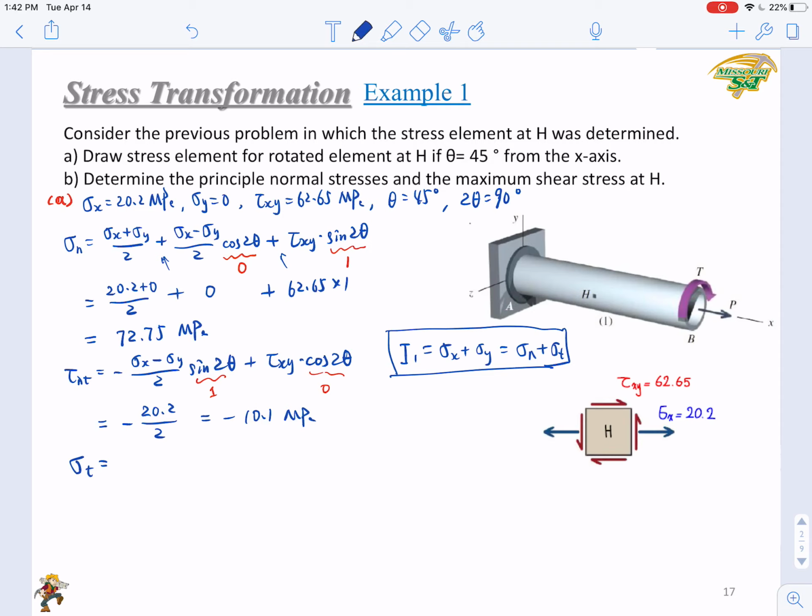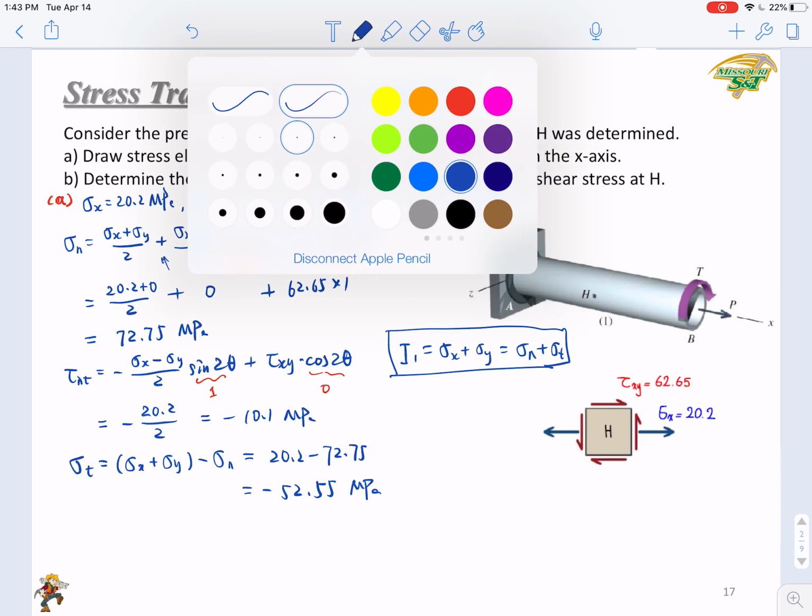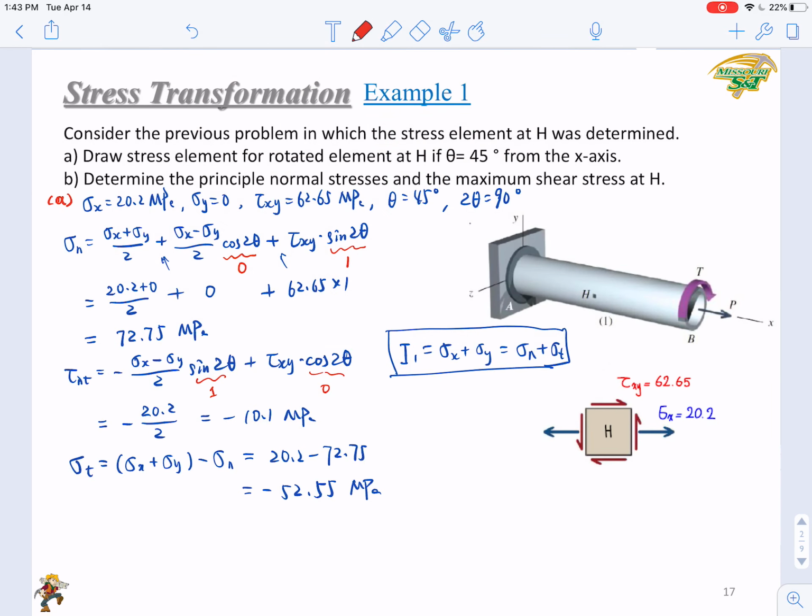So sigma t equals sigma x plus sigma y minus sigma n. That is just 20.2 minus 72.75. You get negative 52.55 MPa. So here we get these 3 results.